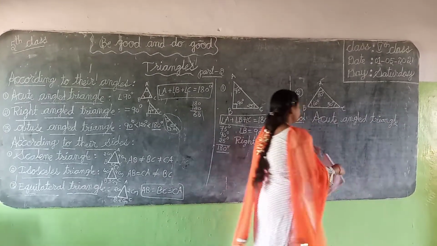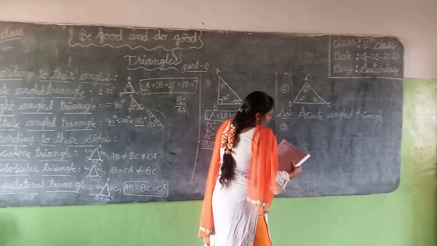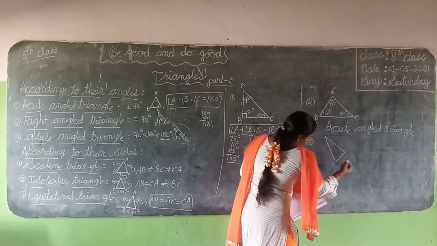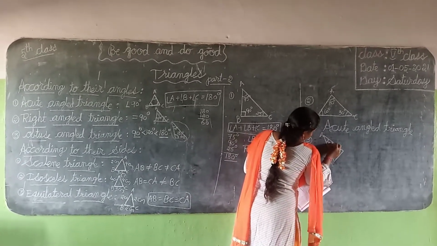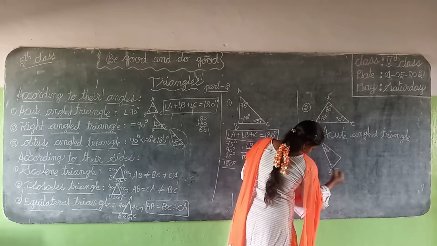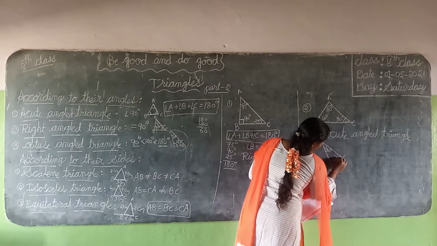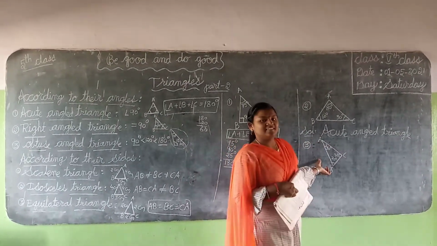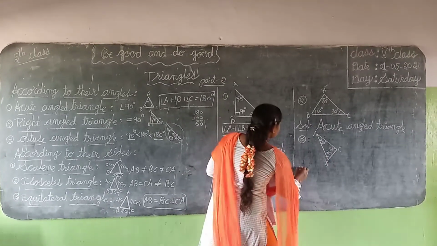Okay, next, third question. Write, draw that picture. So angle A is 30 degrees, angle B is 70 degrees, and angle C is 80 degrees. So in this triangle also, these three angles are less than 90 degrees.